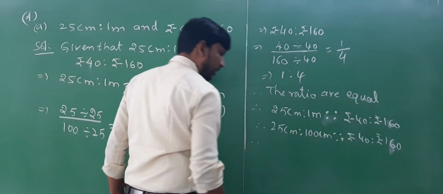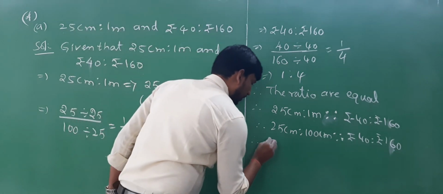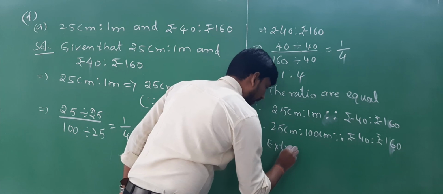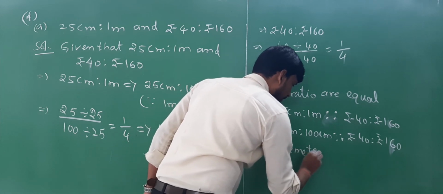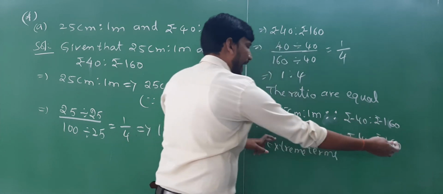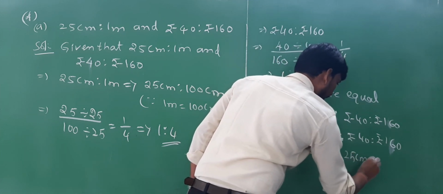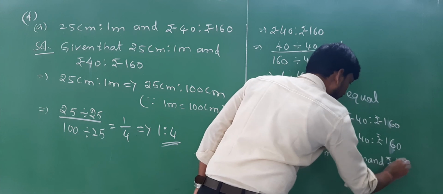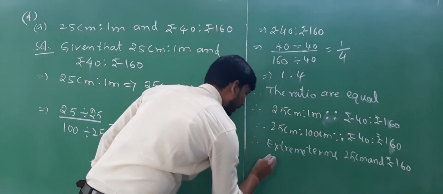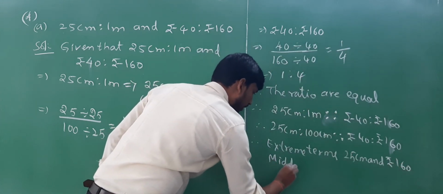Now, what are the extreme terms here? What do extreme mean? Both ends. That is 25 centimeters and rupees 160. And the middle terms, what are the middle terms?